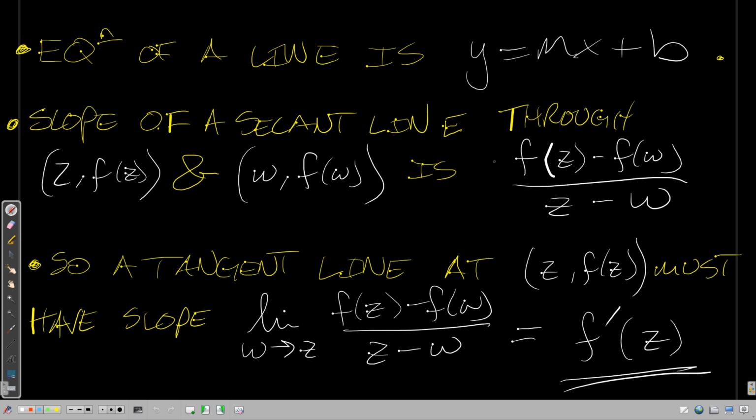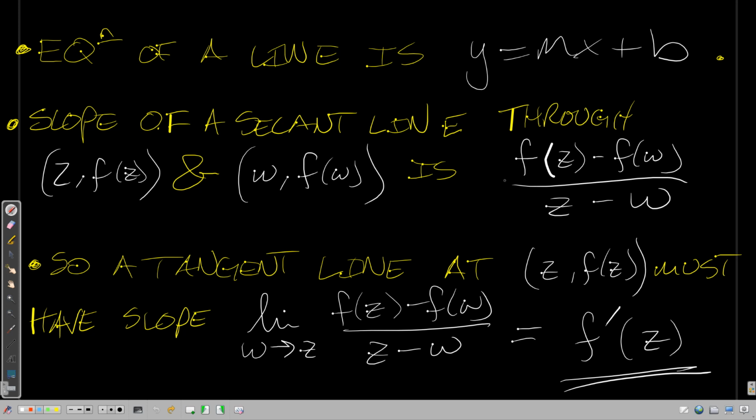The equation of a line, in case you don't remember, I'm sure you remember. People who didn't even take algebra might know that this is the equation. No, probably not those people. Look, anybody who ever took algebra remembers y equals mx plus b. Don't try and make it harder than that. That's the equation of a line.